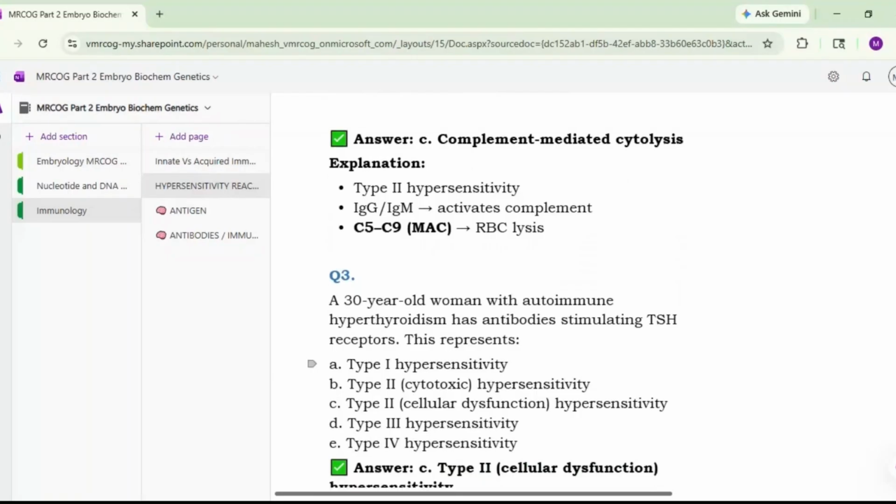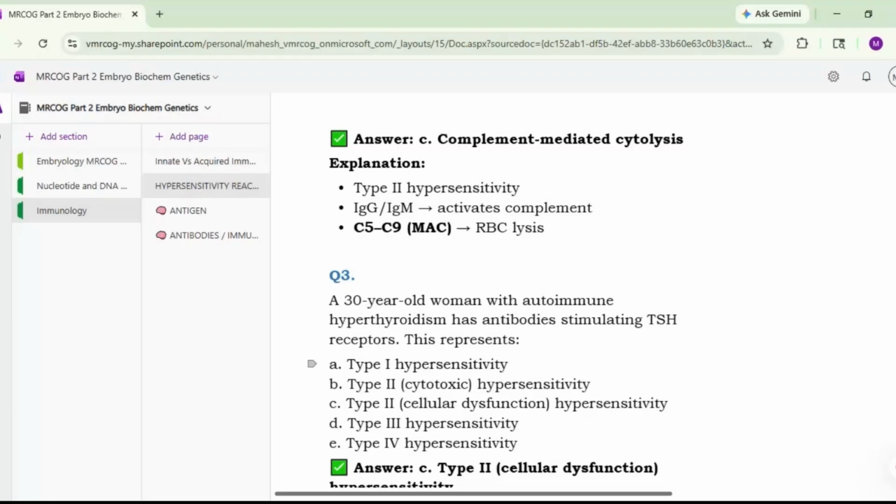Okay, next. A 30-year-old woman with autoimmune hyperthyroidism has antibodies stimulating TSH receptors. This represents type 1 hypersensitivity, type 2 cytotoxic hypersensitivity, type 2 cellular dysfunction hypersensitivity, type 3 hypersensitivity, or type 4 hypersensitivity. So, type 2 autoimmune, antibodies.